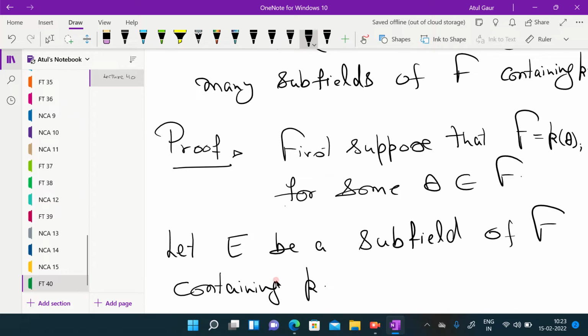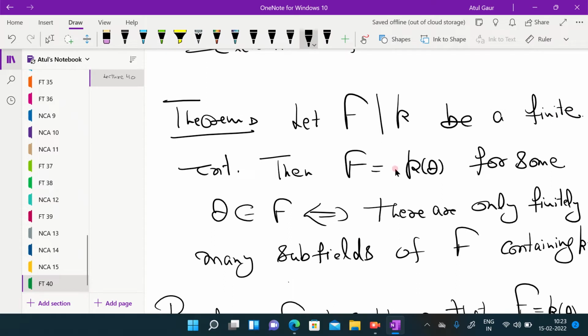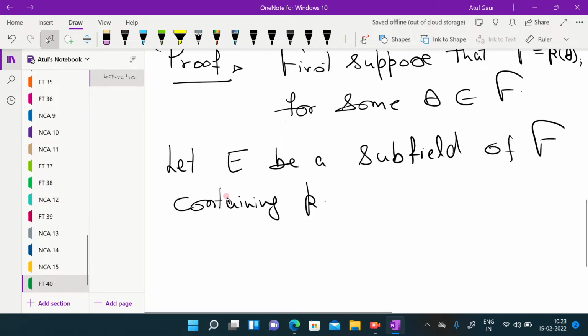And remember, we are working over a finite extension. It is one of the conditions. That extension is finite, so it means algebraic. So that means we can talk about the MMP of this theta over E as well as over K. So that's what I'm going to do.